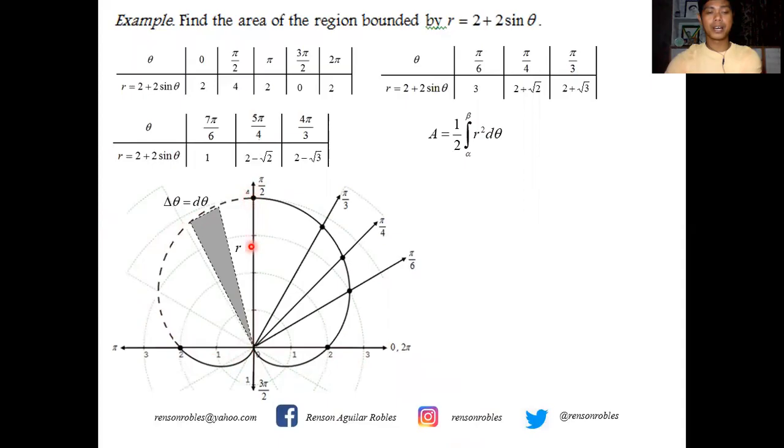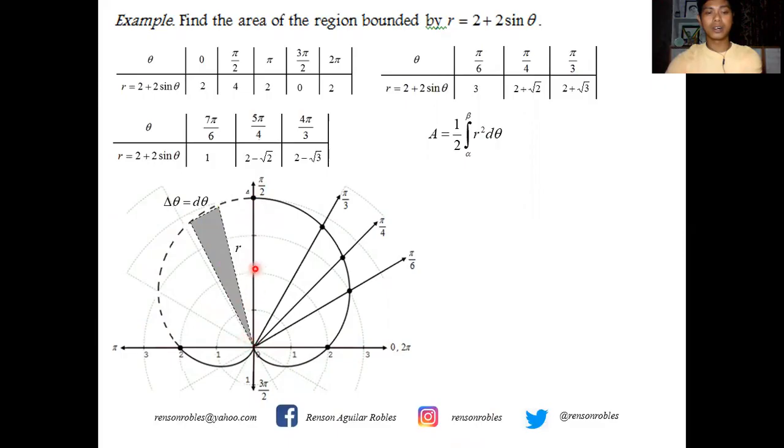the region on the left side, so we choose this as our representative sector. Then this is the radius vector r, and this is the delta theta or d theta. And this half of the region is defined on the closed interval.